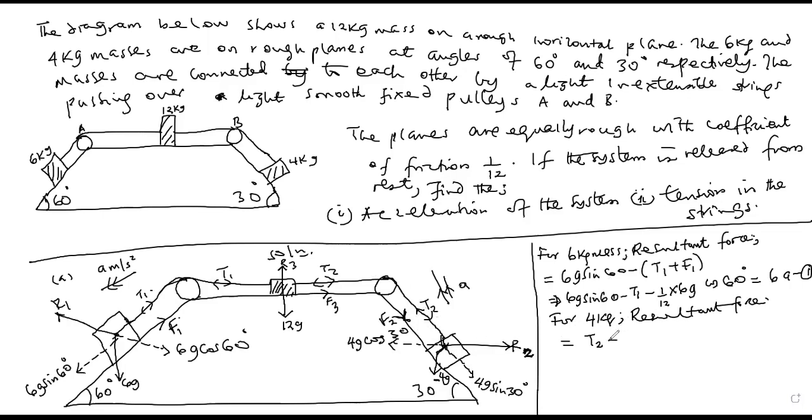So it will be T2 minus (F2 plus 4G sine 30 degrees).